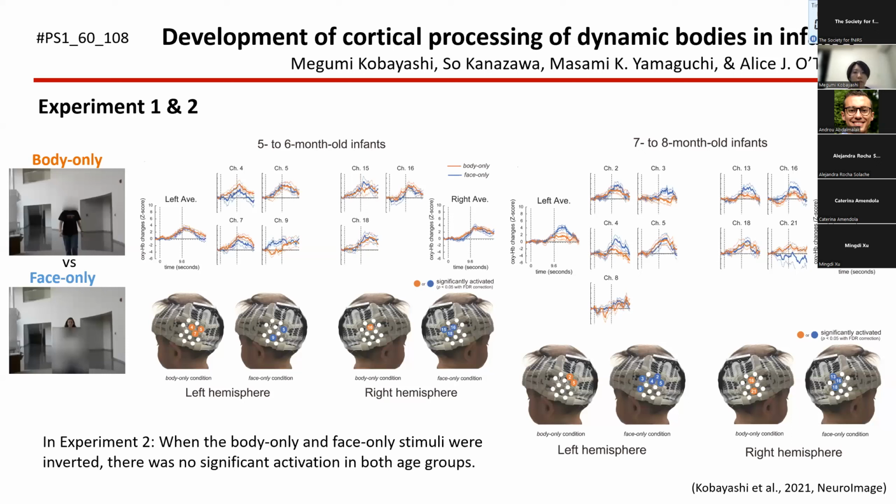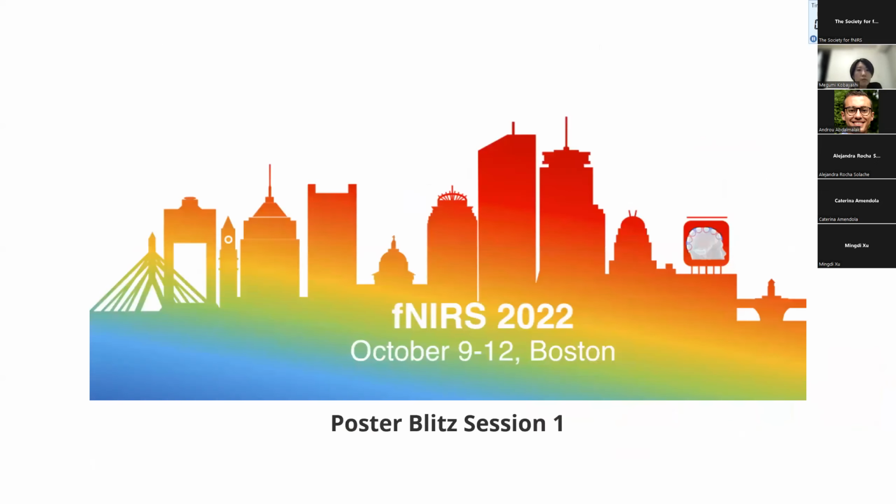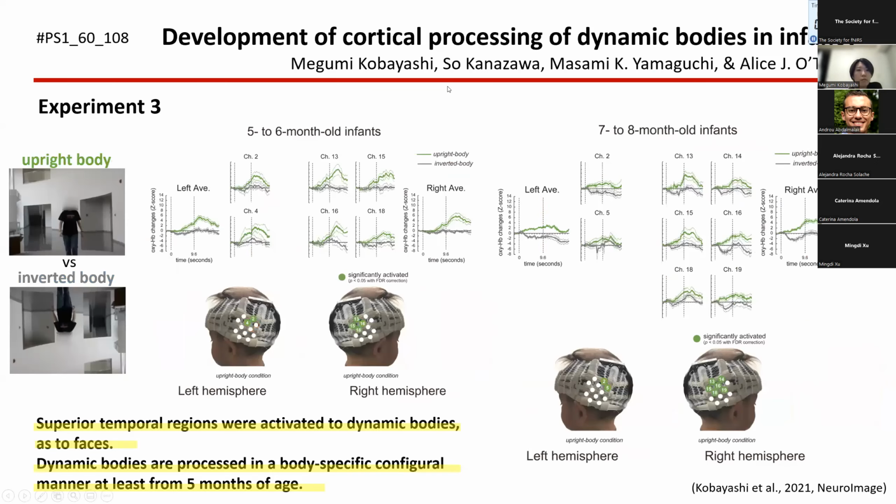And in experiment 2, we confirmed that when the body-only and the face-only stimuli were inverted, there was no significant activation in both age groups. In the last experiment, we compared the oxyhemoglobin concentration in response to upright and inverted bodies.